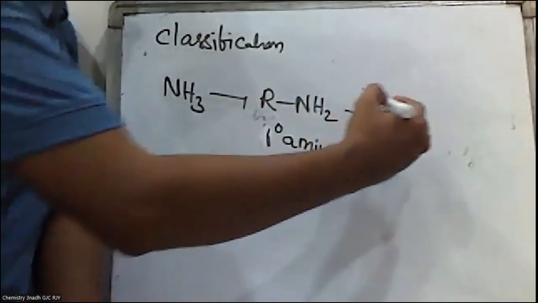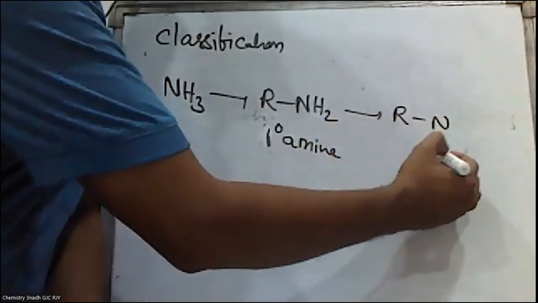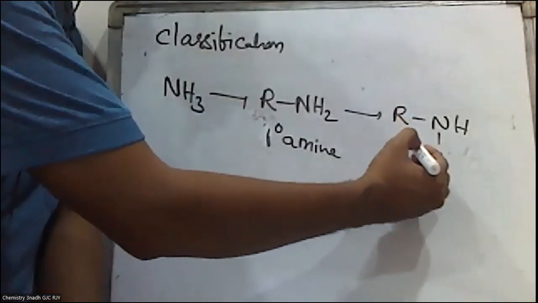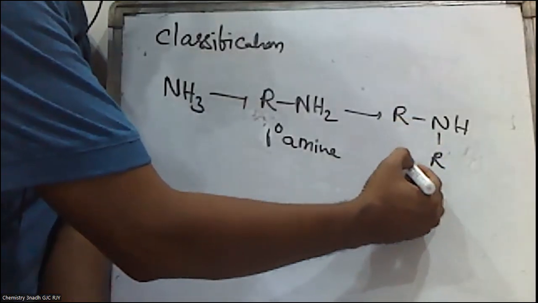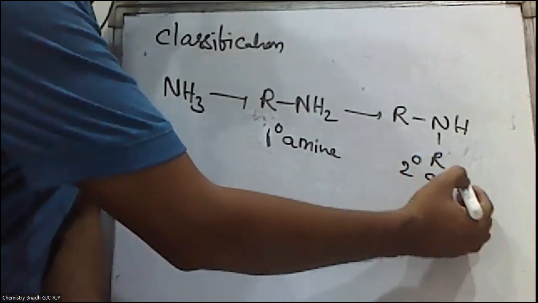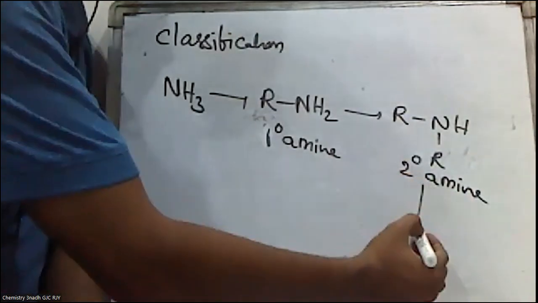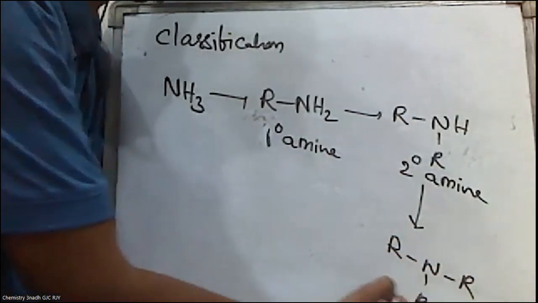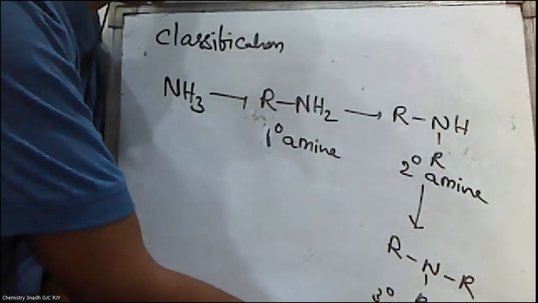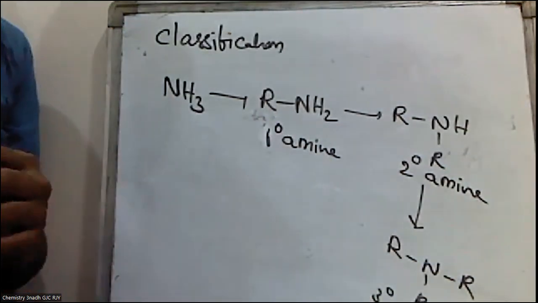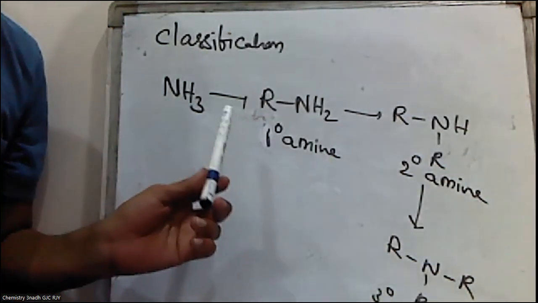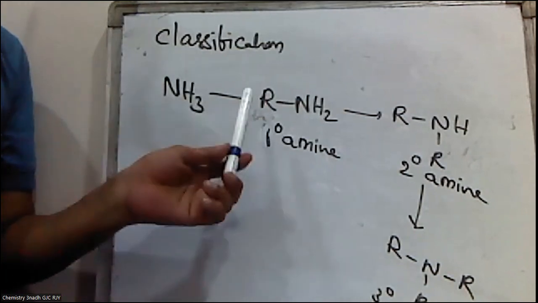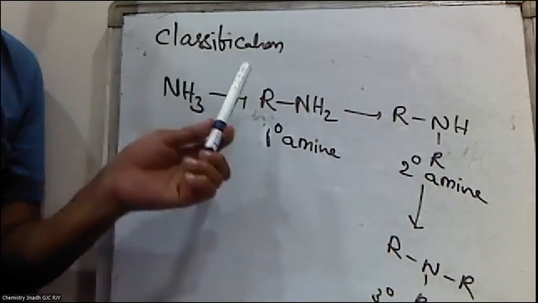If two hydrogens are replaced with two alkyl or aryl groups, it is called a secondary amine. If the three hydrogens are replaced with alkyl groups, it is called a tertiary amine. Amines are classified into three types based on the number of hydrogens replaced with alkyl or aryl groups.